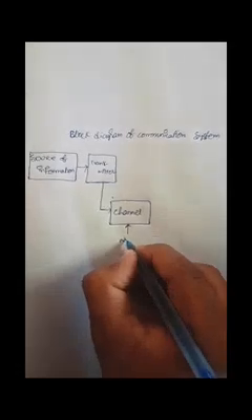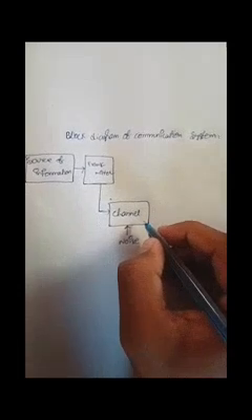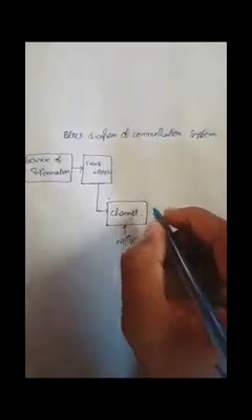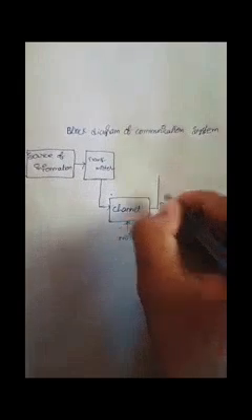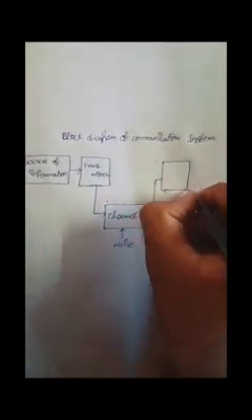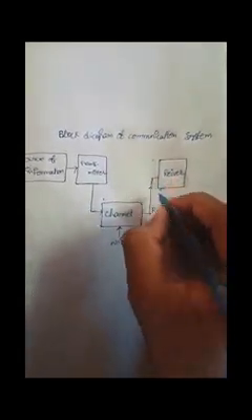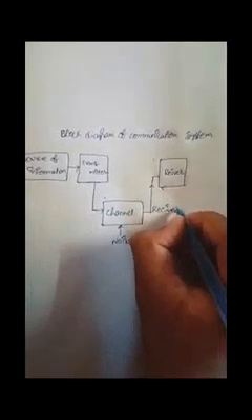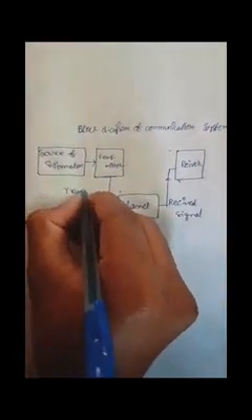Here some noise is added to the signal. With this noise, some distortion will occur. And this channel transmits the signal to the receiver. This is the received signal, and this is the transmitted signal.